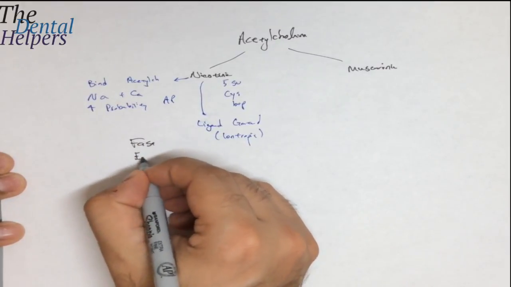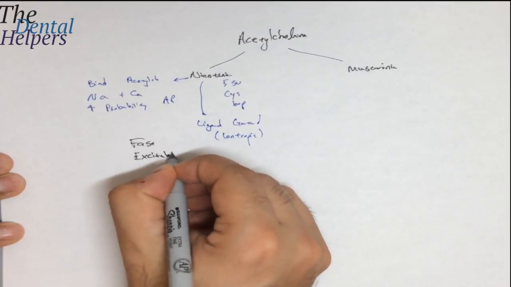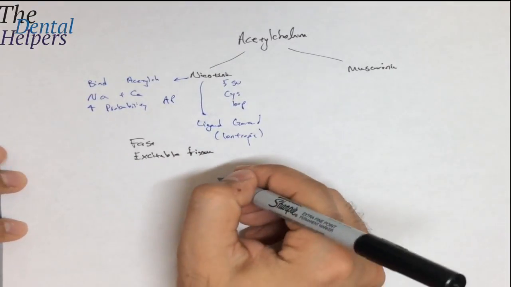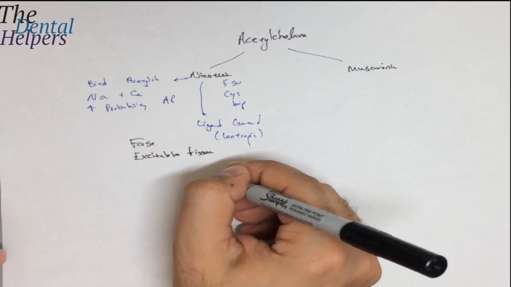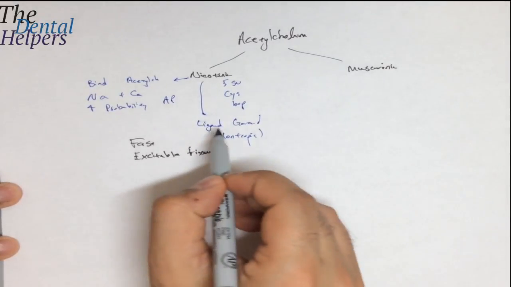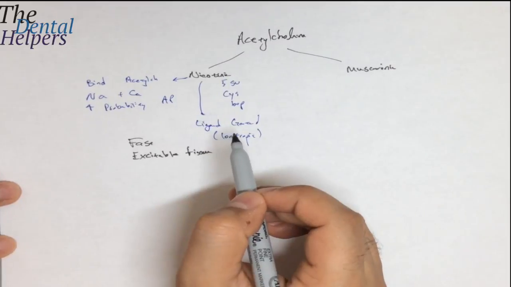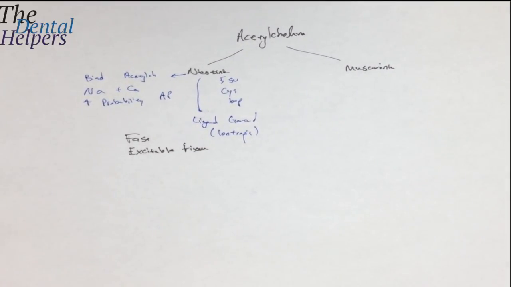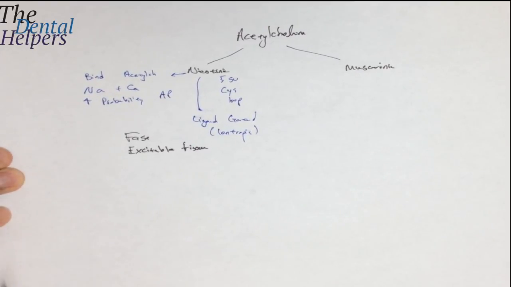It's going to be in your excitable tissue. And they're going to regulate ion flow across the membrane. So we want to control the amount of ions going back and forth across the membrane, because if you have too much of one ion, you can result in hyperpolarization and other related problems.